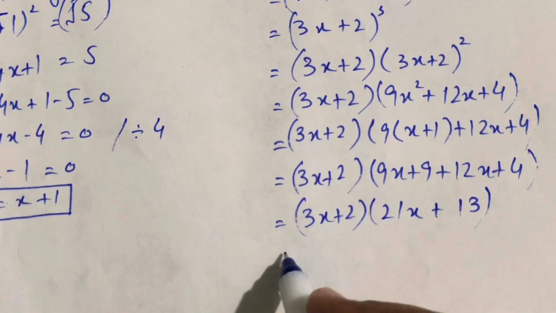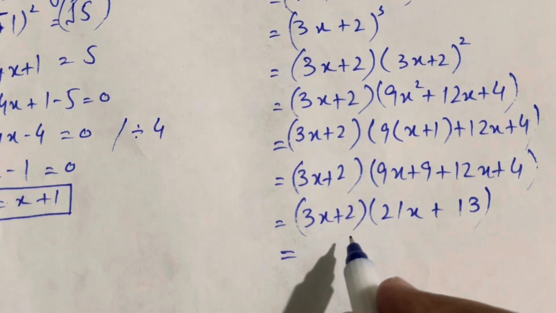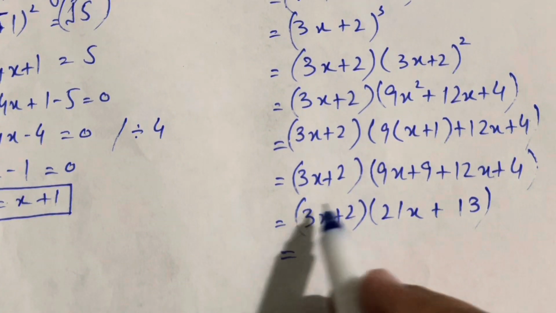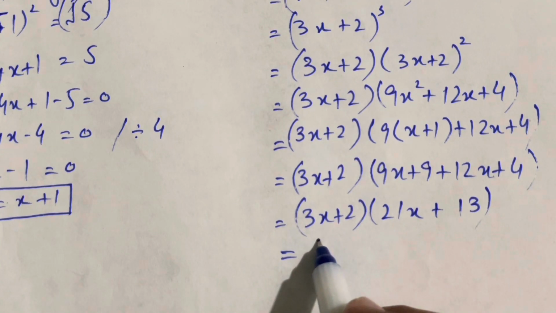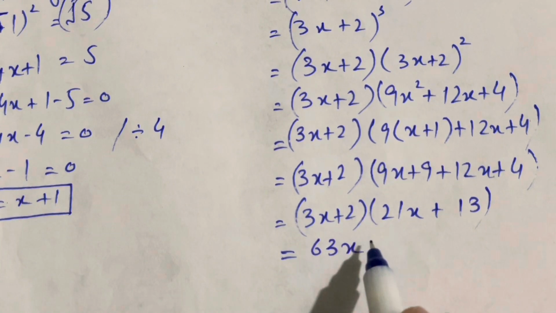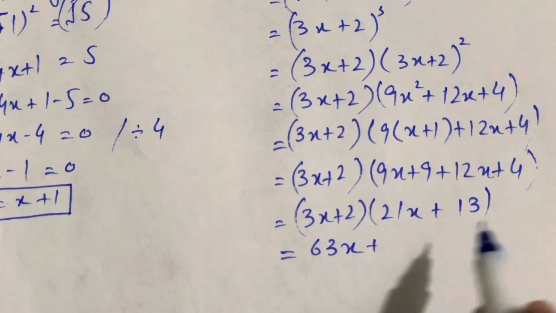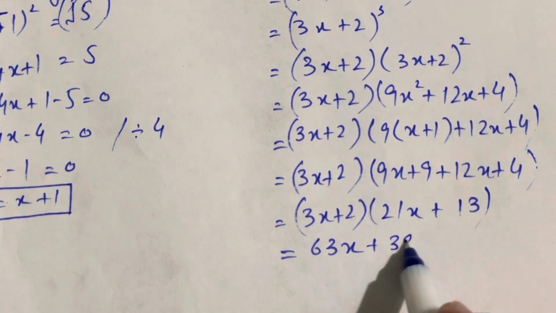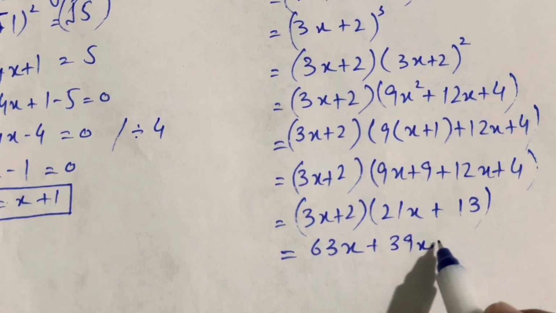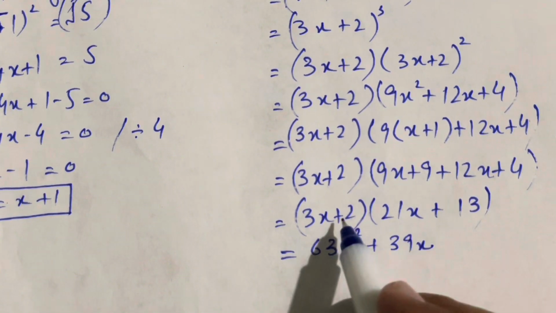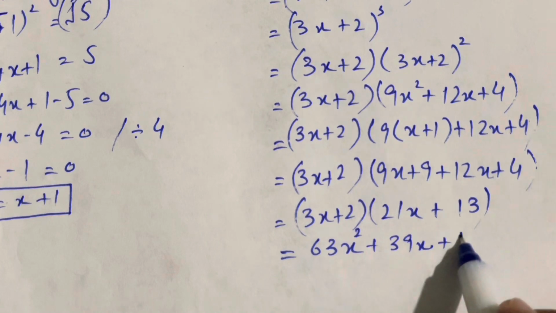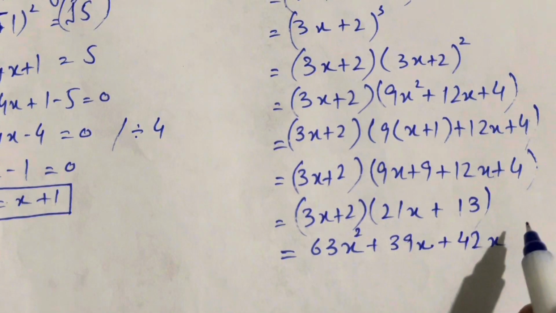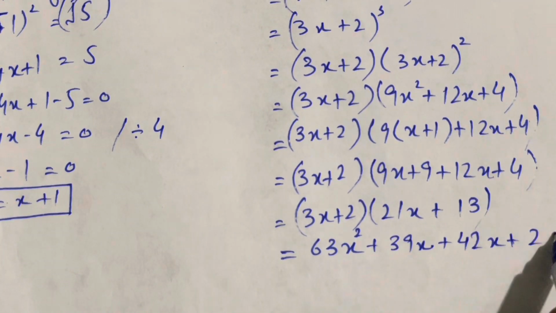Now the next step is I am going to multiply this equation. 3 21s are 63x, plus 3 13s are 39, and it becomes x square. Now 2 21s are 42x plus 26.